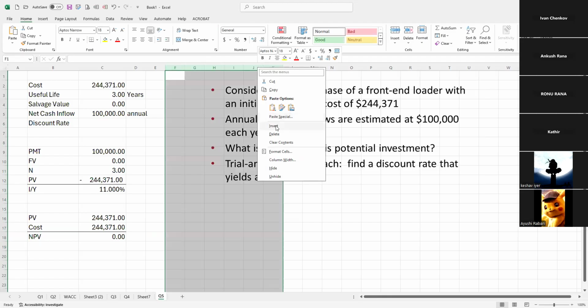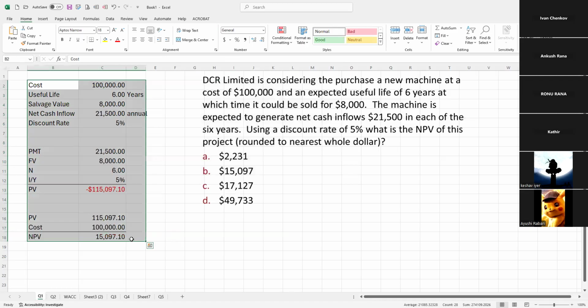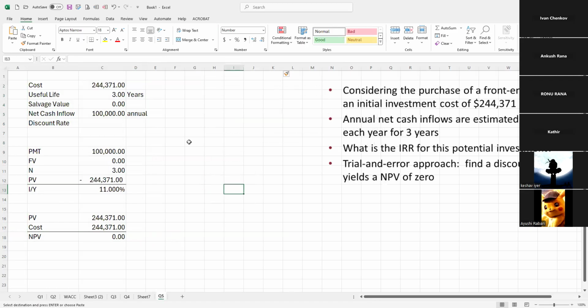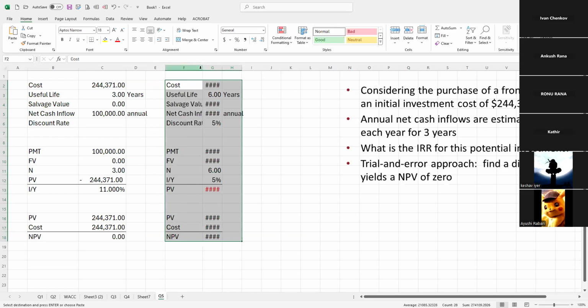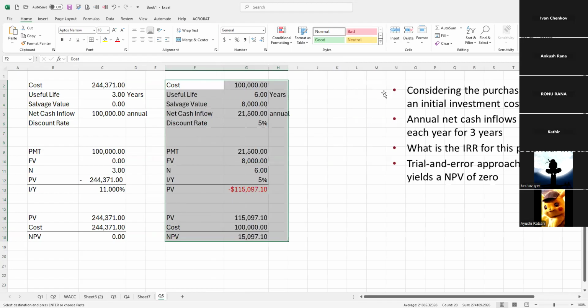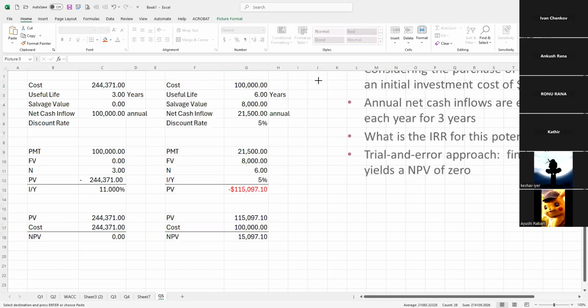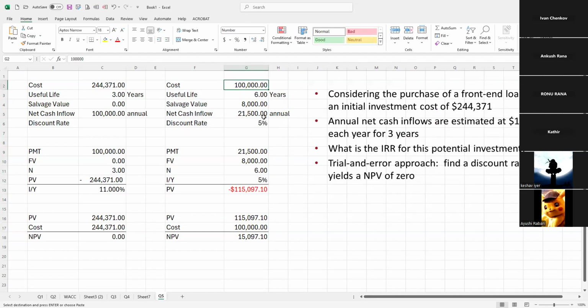That might not be true. So what do we have to do? We have to copy this calculation and run it again, plugging in here as the discount rate 11%, right? Once we do that, we're going to see if this actually works. So what is my cost? My cost is 244,371 over 3 years. Salvage value is 0. Annual cash flow 100,000.